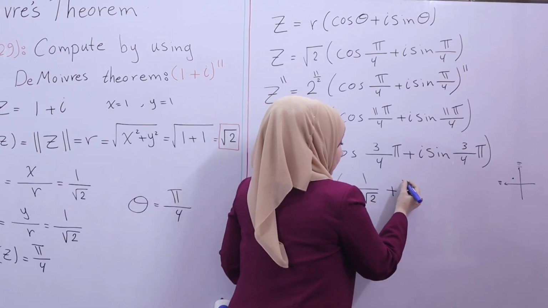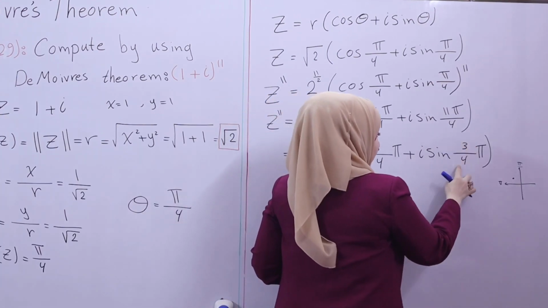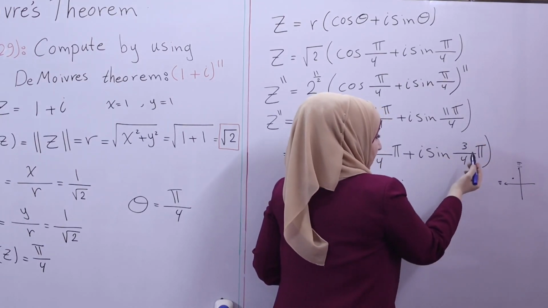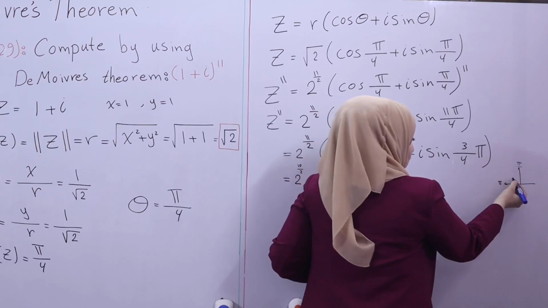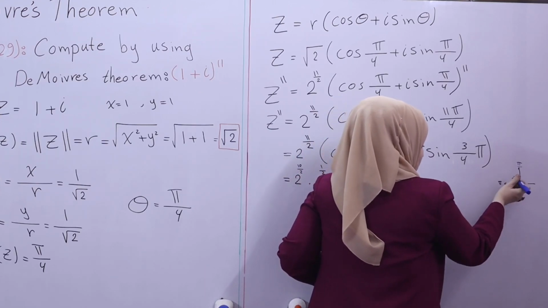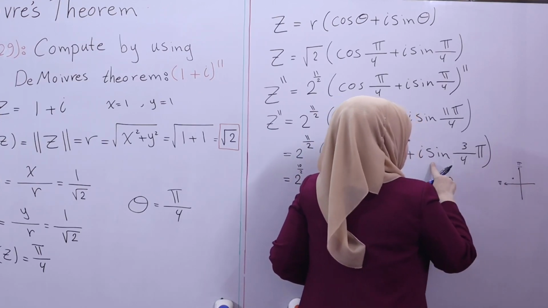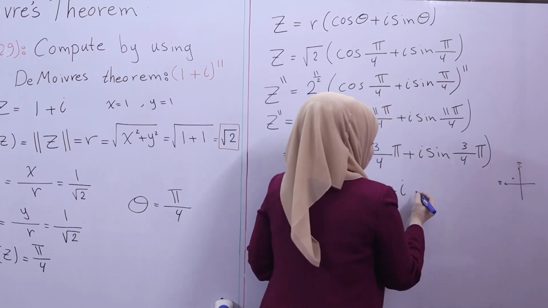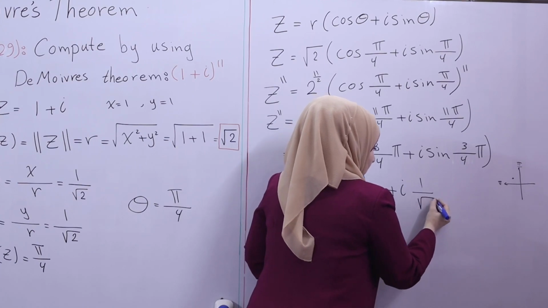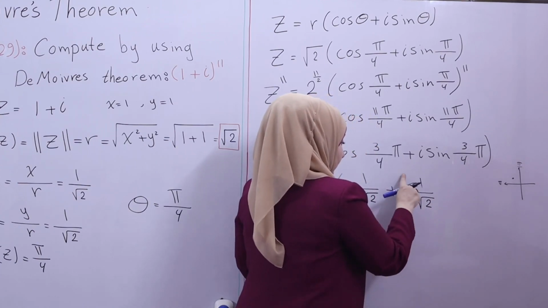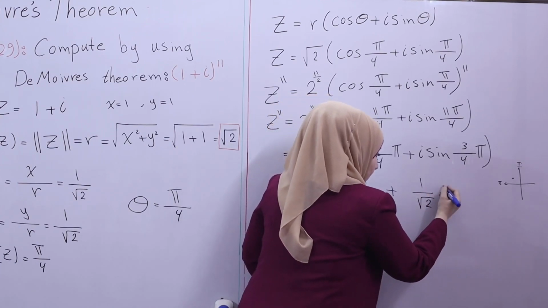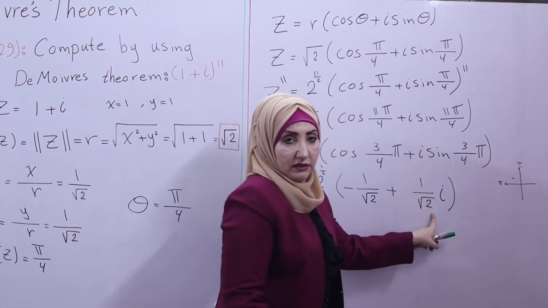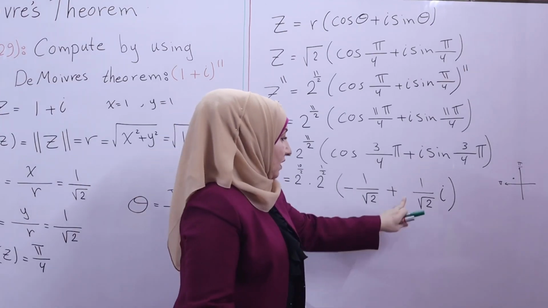Plus I sine 3 pi on 4. Pi on 4 45. 45 multiplied 3 equals 135. إذن تقع بالربع الثاني مثل ما قلنا. الساين بالربع الثاني سالب لو موجب؟ موجب. So it will be 1 on square root of 2 positive. But we will write I here. من باب الترتيب راح نخلي الآي على يمين العدد الثابت.